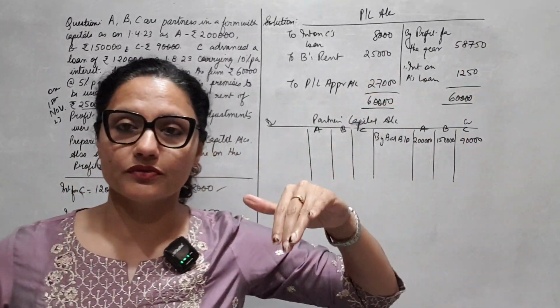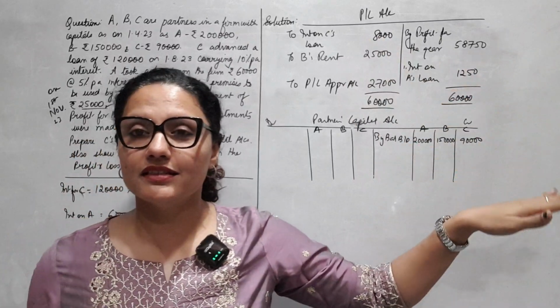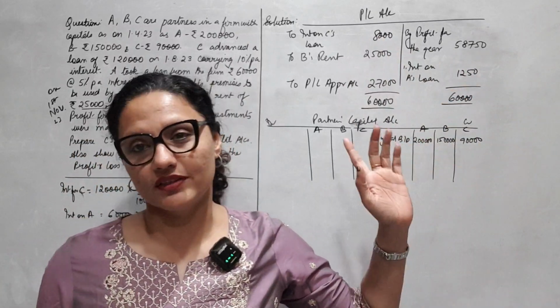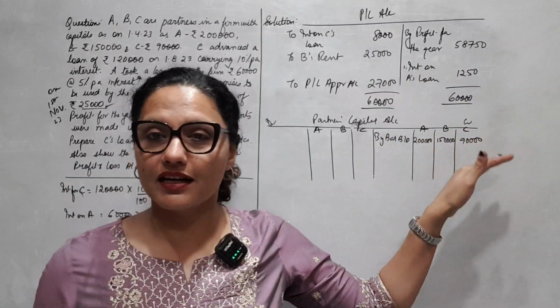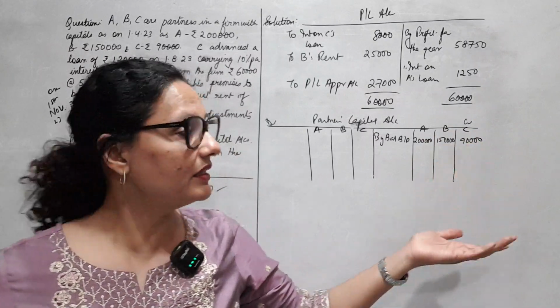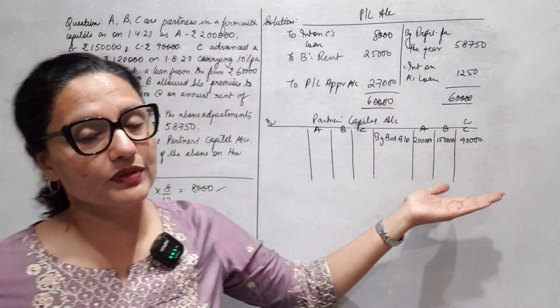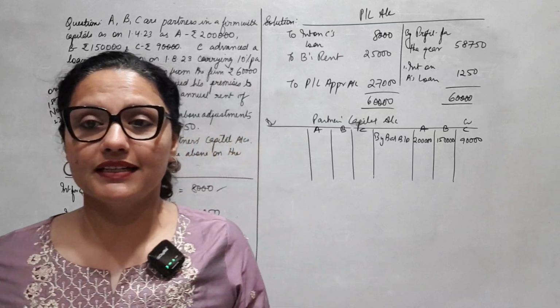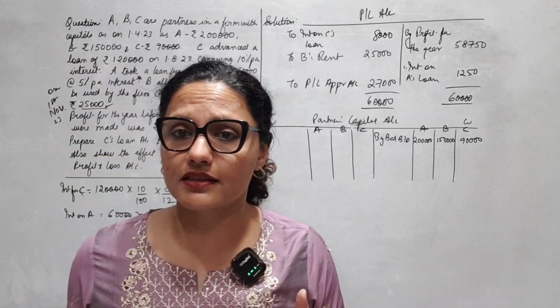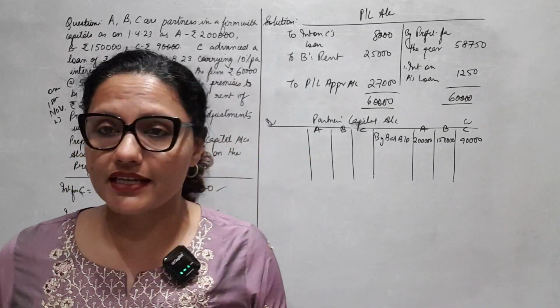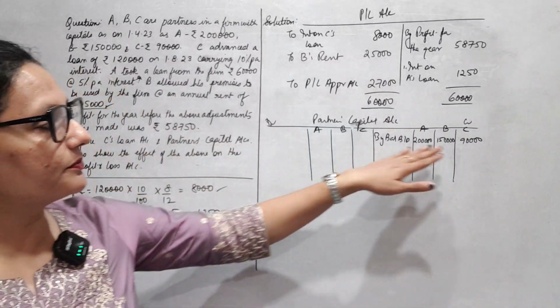So always bring down the balance here first. This is what you do first thing, and then the entire year's transactions will be shown here. So you start your account with the balance brought down. It will be on the credit side because usually capital accounts will have a credit balance unless it's specifically mentioned in the sum that the partners have a debit balance. Alright. So you brought down the balance.